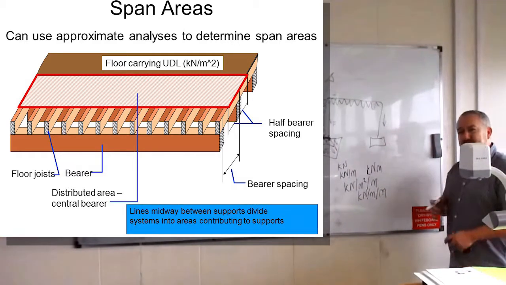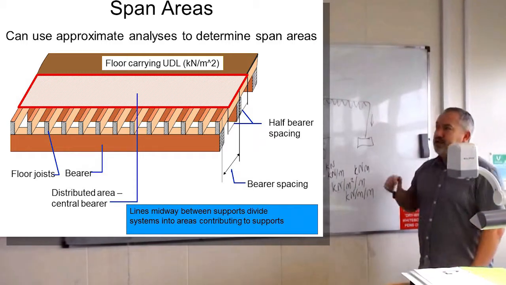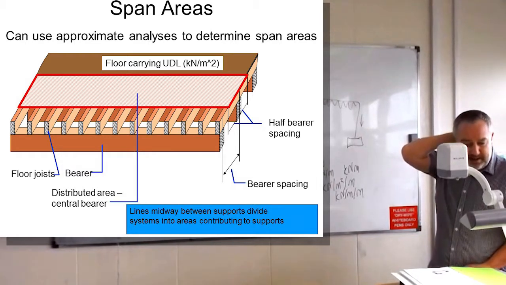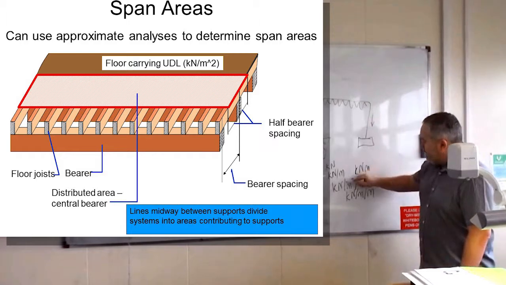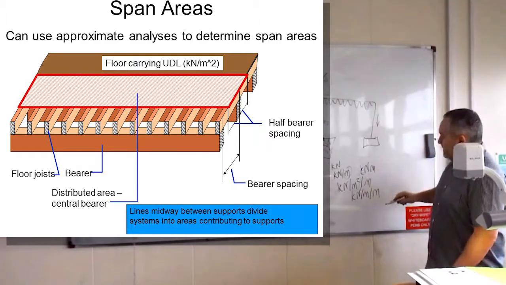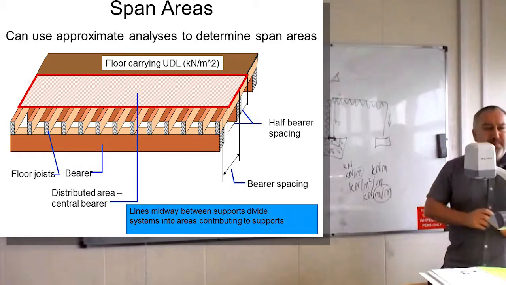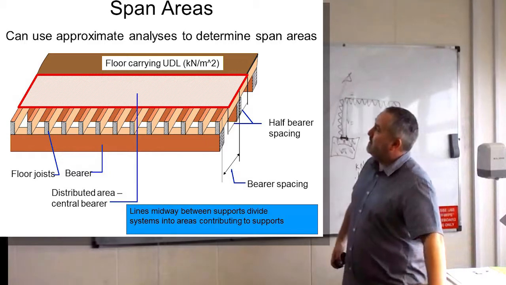There's lots of different options, and when you get your loading, especially for your assignment, which we'll bring out next week, knowing in meter squared or meter or per meter will have a big effect on your final answer.